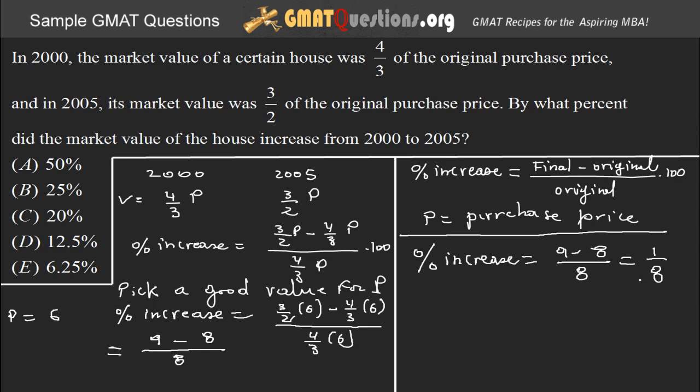There are many typical fractions like 1/4, 1/2, 1/3, 1/5, 2/5, 3/5. I highly recommend you memorize those. It's not very difficult to do because they can really come handy on the GMAT. Now, 1/8 happens to be 12.5. It's just 1/4 divided by 2. 1/4 is 25%. 1/8 is half of that, which is 12.5%.